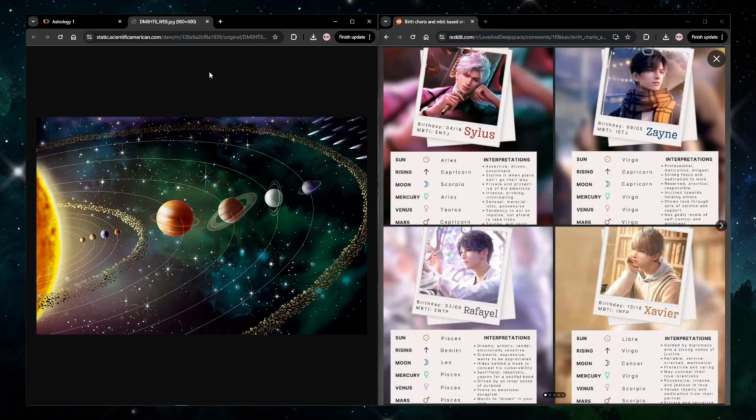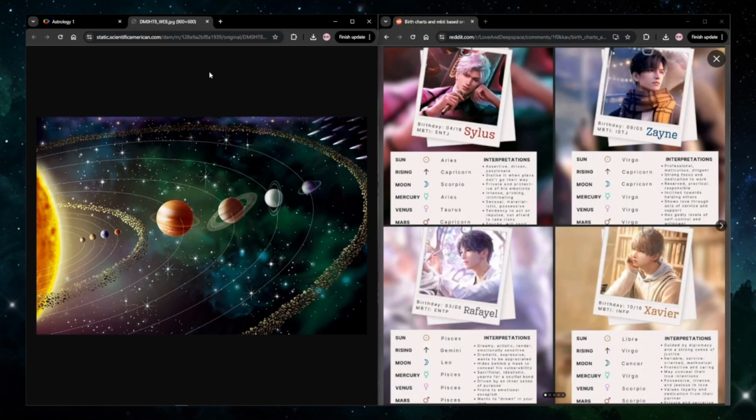You take a snapshot of where they're placed at that time relative to the constellations out there, because the constellations are the zodiac signs. So relative to you, the placements of the planets and the constellations become your birth chart.